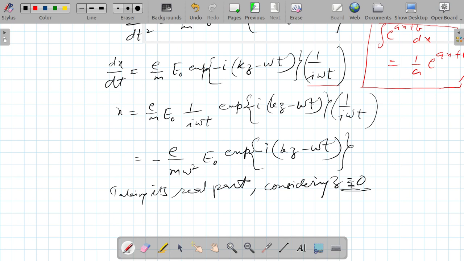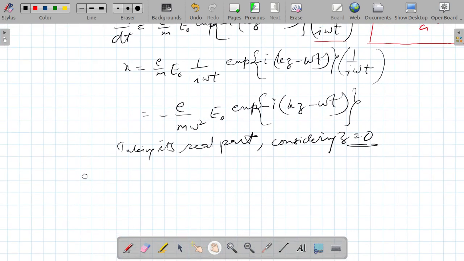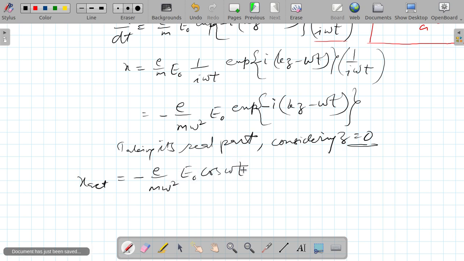When I take z equal to 0, then the actual position of the electron can be written as minus e over m omega square E naught cos of omega t, because z will become 0 and it will become e raised to power iota omega t.